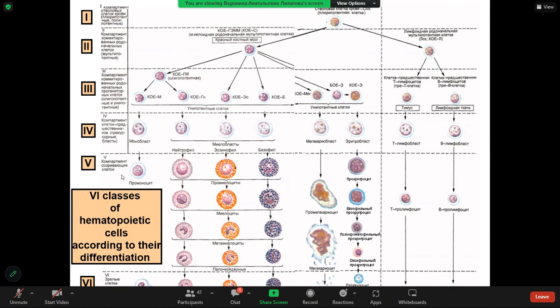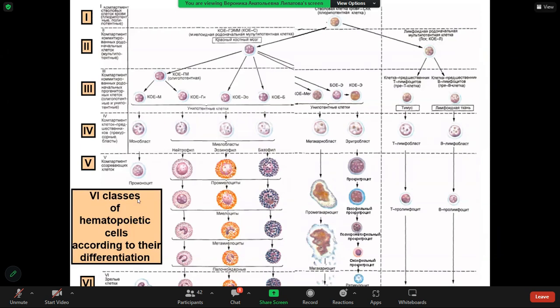At this stage, we can see the initial stage of differentiation and appearance of some specific granules. For example, it's typical for myelopoiesis. The shape of nuclei is still round.